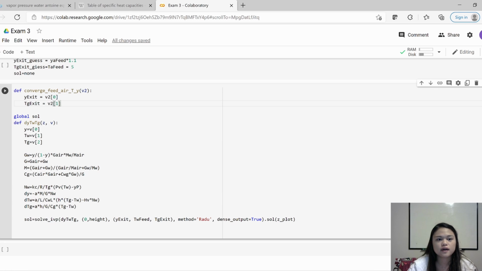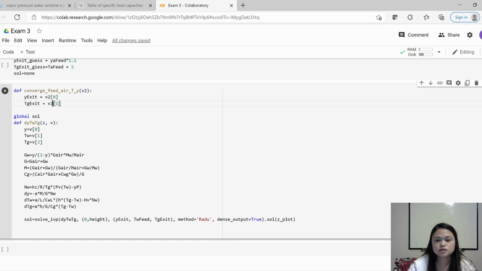And so we're just redefining these because it will make it easier and help reduce errors, just kind of like this. And when our initial guesses are correct, this function should return values of 0 from the root finding.